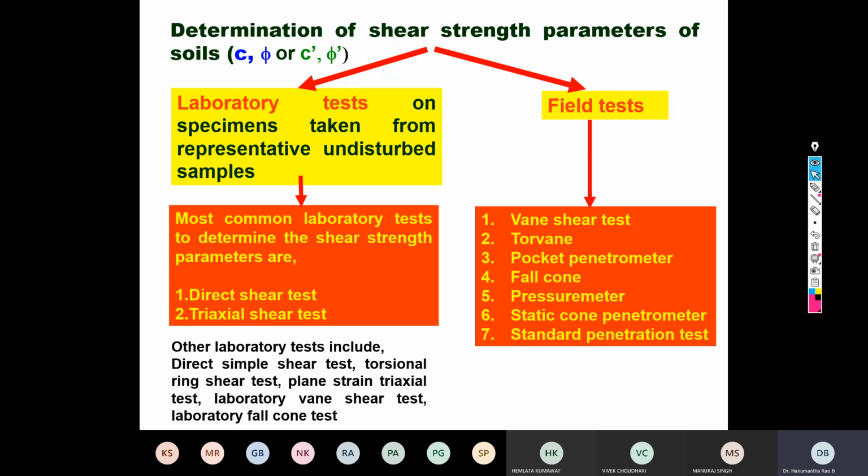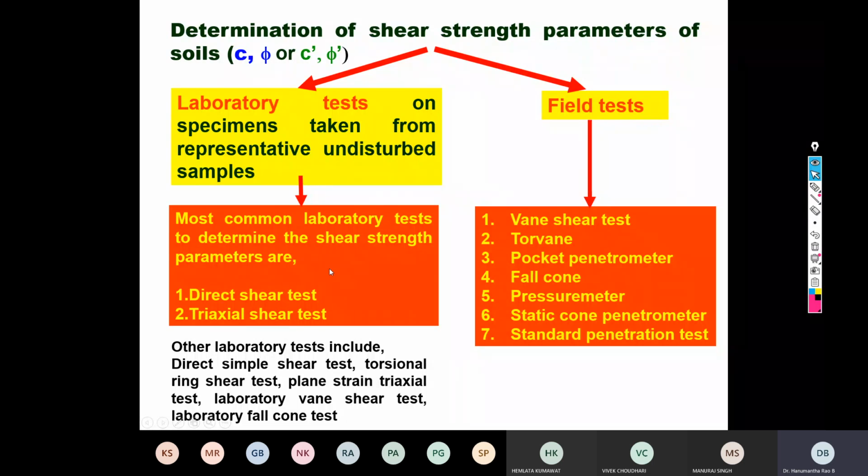Quite frequently used is the vane shear test. It is very simple to operate and gives highly reliable shear strength parameters. Then Torvane, pocket penetrometer, Falcon, pressuremeter, static cone penetrometer, standard penetrometer. These are all field tests commonly used to determine the C and phi values of a soil.